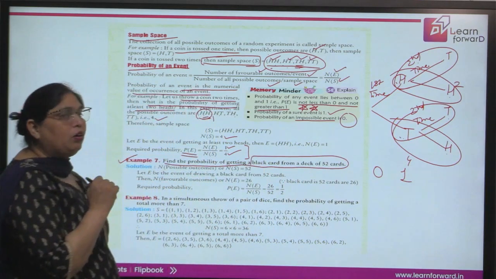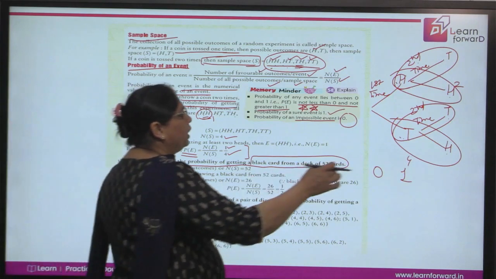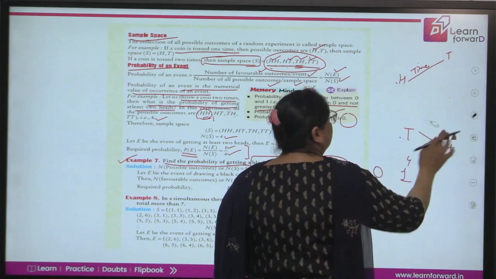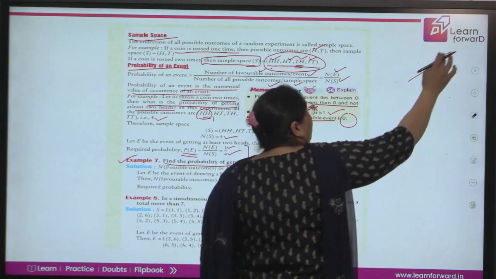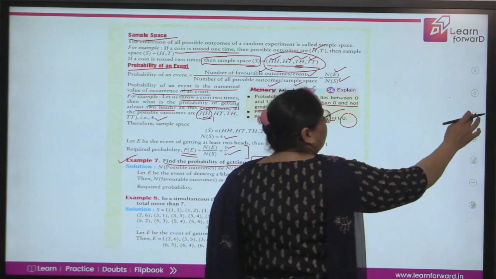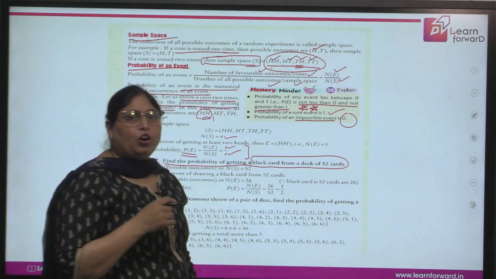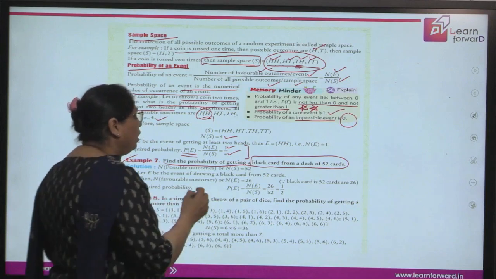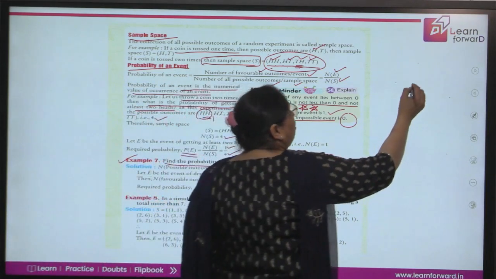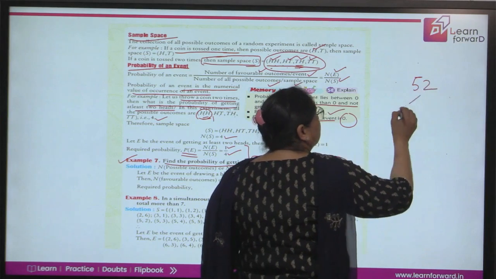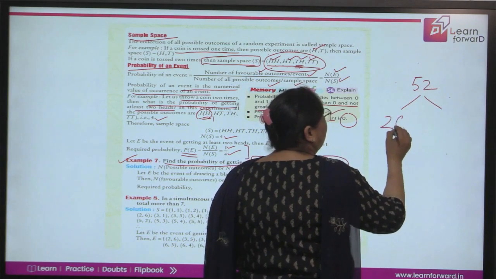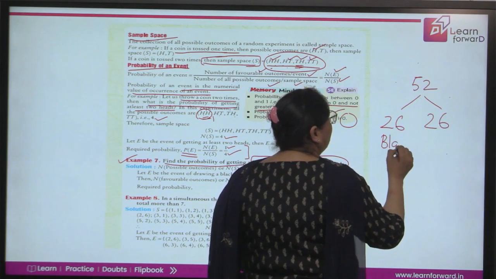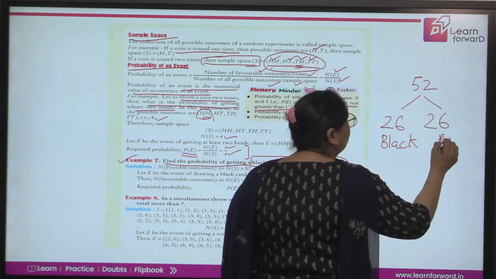A deck contains 52 cards, of which the number of black cards is 26 and the number of red cards is also 26.